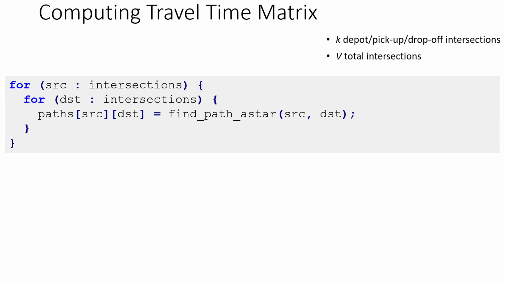Assume we have K depot, pickup, and drop-off intersections, and V total intersections. Can anyone tell me what's the complexity of this? So we are looping through all of the sources and destinations, so that's the pickup and drop-off intersections, the depots. And we have V total intersections.